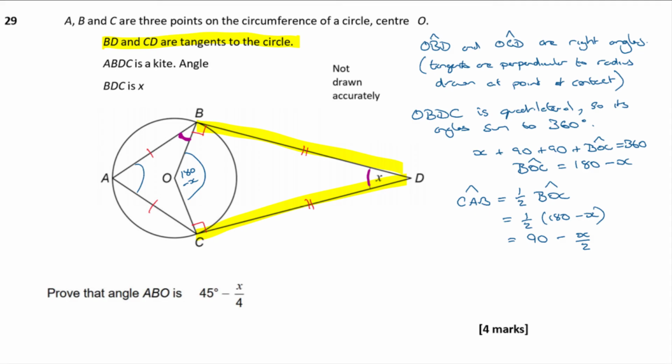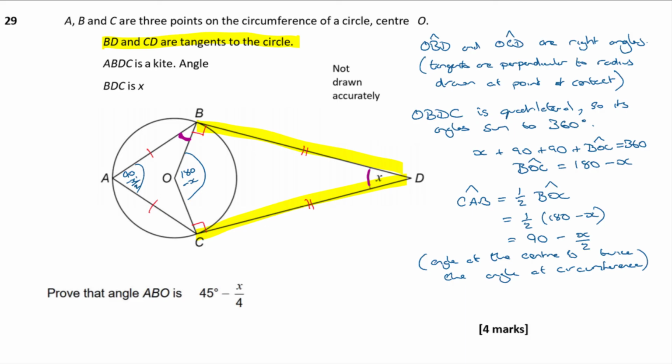I've kind of got halfway to where I need to get to. So CAB is equal to 90 minus X over 2, and the reason for that is that the angle at the center is twice the angle at the circumference. So now I know that that must be 90 minus X over 2.